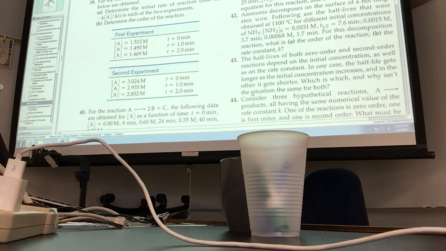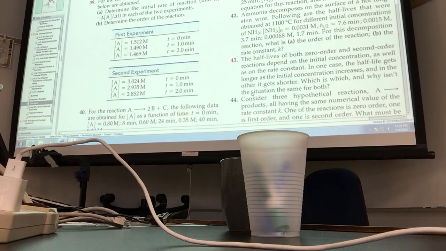If it's hard to eyeball it, data table or graph, and so just estimate T1 half.